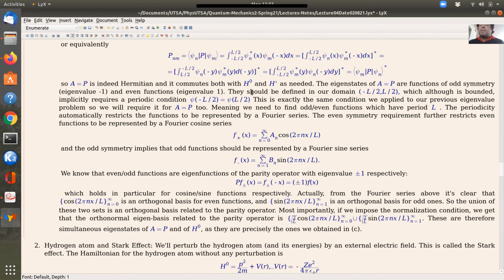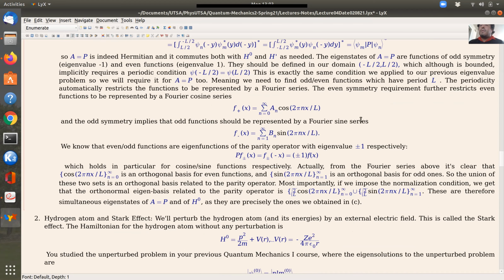Once you do that, you go back to your problem, and you realize there is another condition, which means that the function should be periodic of period L. That is a very big step, and it's very elegant, because that way you say, then these periodic functions must have a Fourier representation. If they are even, they must have a cosine Fourier representation. If they are odd, they have a Fourier sine representation. You have to keep them separate, because if not, you basically break the symmetry.